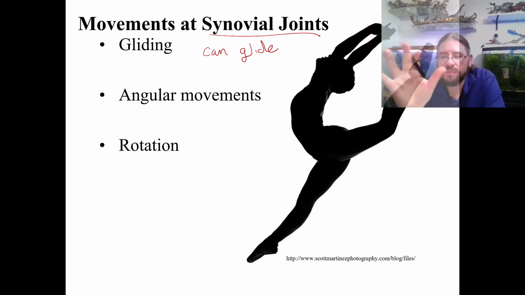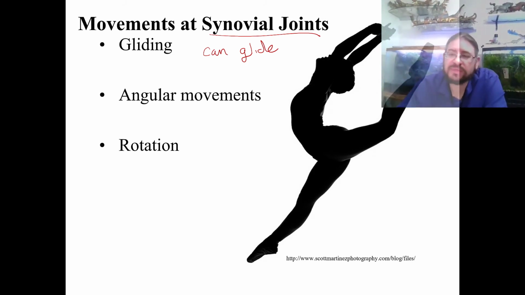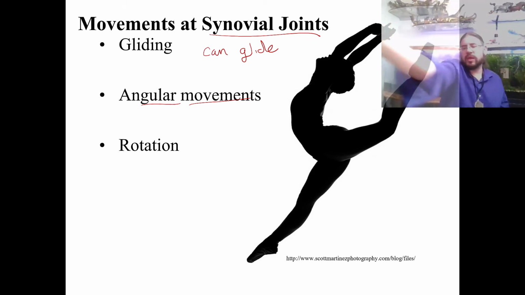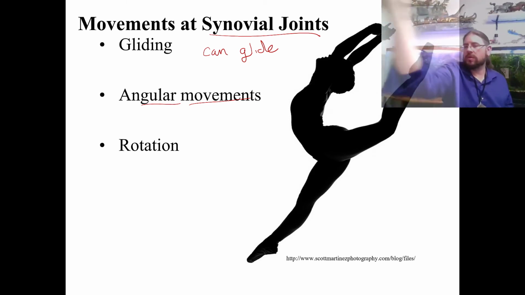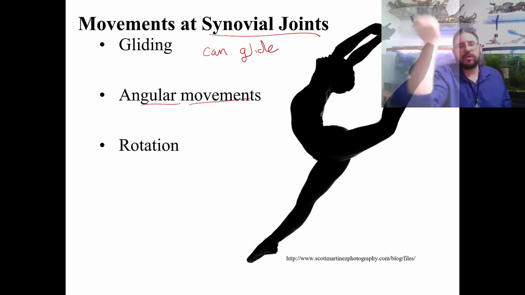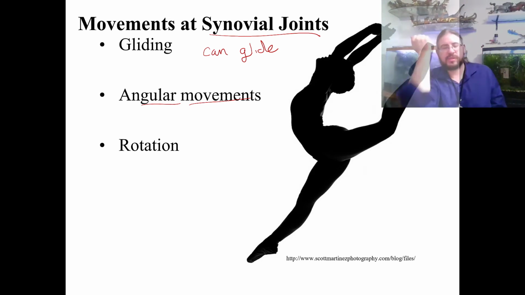Hi, what's up? My wrist is gliding. Some synovial joints are great at angular movements. What up? There we go. Yeah, do you even lift? So there's that. Then we have rotation.